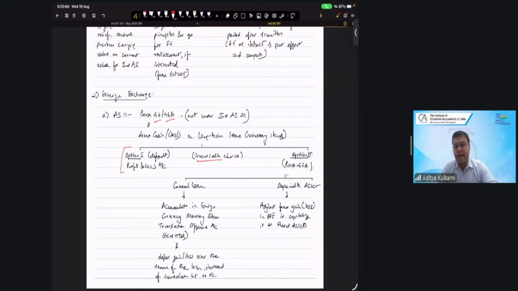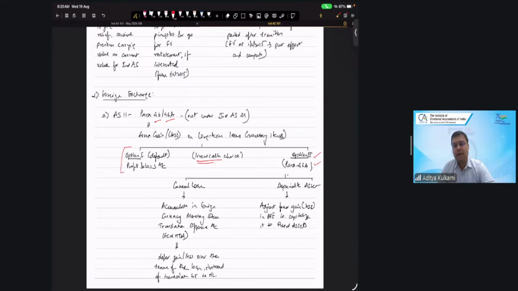But looking at the volatility, the Ministry of Corporate Affairs said, fine, we give you a one-time irrevocable choice. Irrevocable means in future you cannot come back. And that irrevocable choice becomes my option 2 under para 46A.